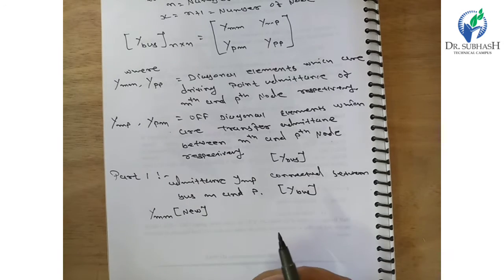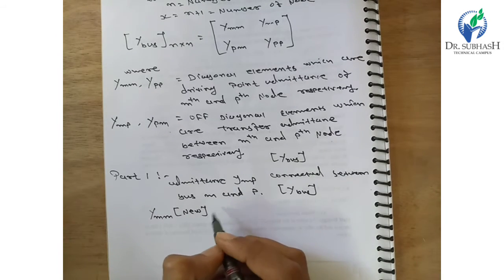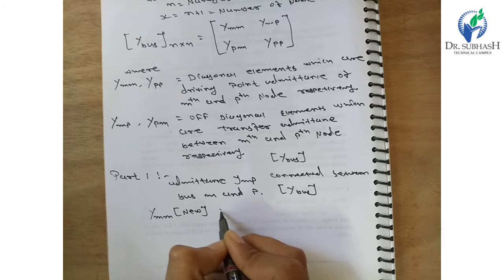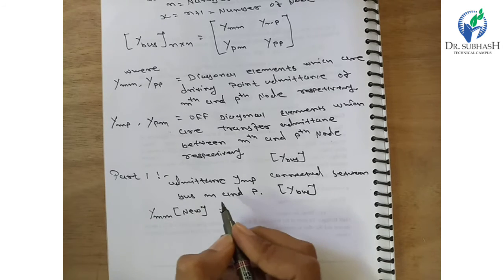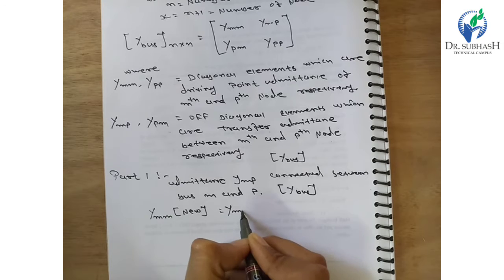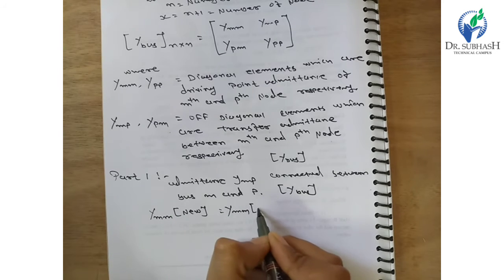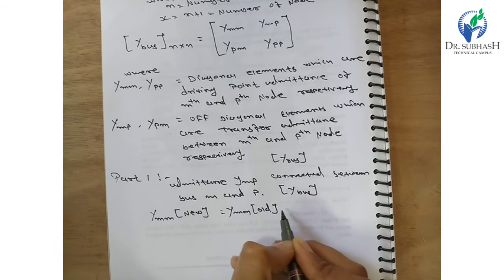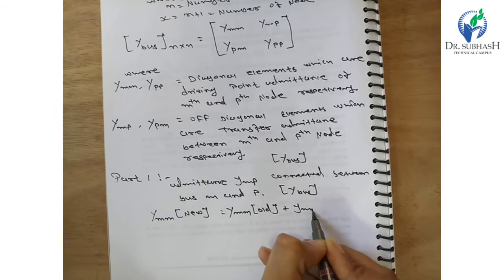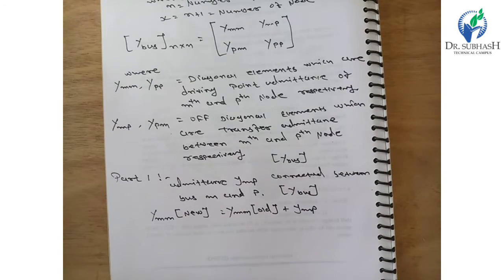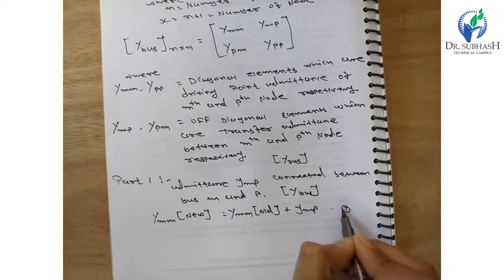So it is the difference between old and new. So Y_MM new is equal to Y_MM old plus Y_MP. This is equation number 1.